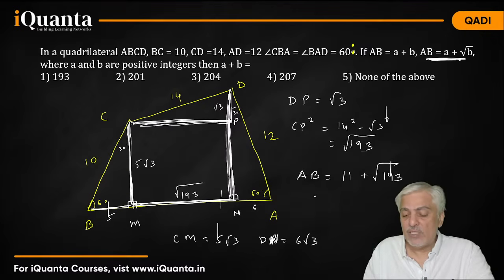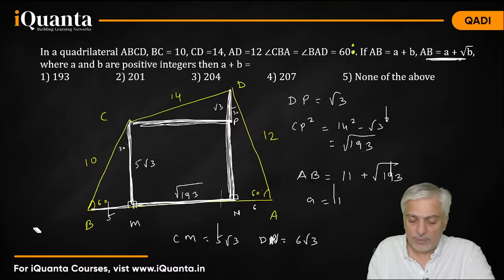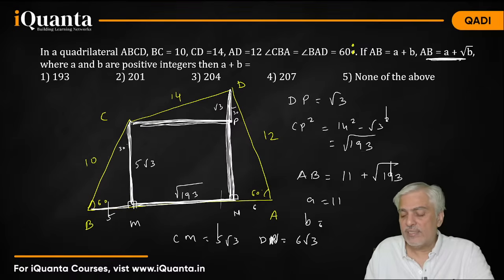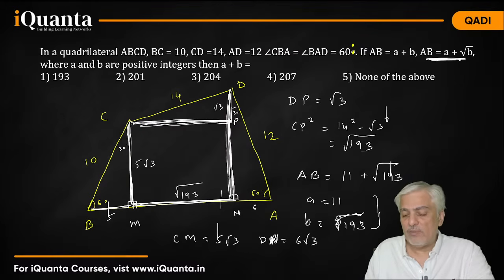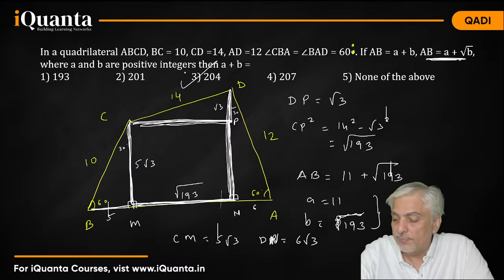And that means my small a is 11, and b is 193. It's root b, so therefore a plus b will be 204. Third option.